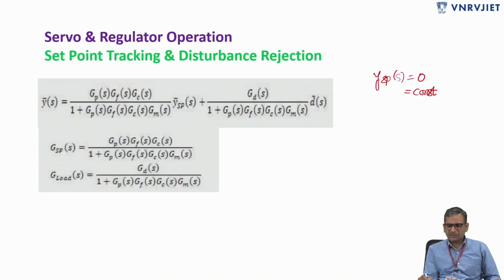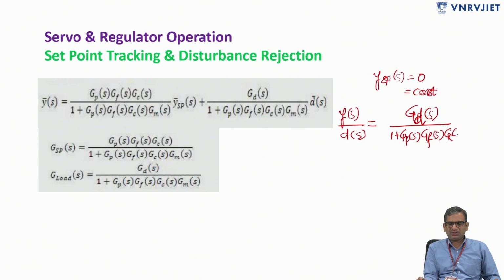So consider Ysp, that is the set point, is a constant. In that case, if we consider the input as D(s) and the output is Y(s), divided by, now in this case the input is the disturbance variable D(s). After simplifying from the closed loop control system diagram, we will get Gd(s), this is the disturbance gain, divided by Gp(s) into Gf(s) into Gc(s) into Gm(s).